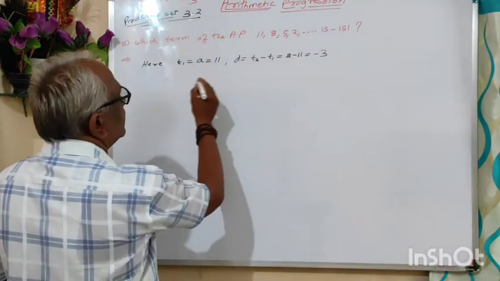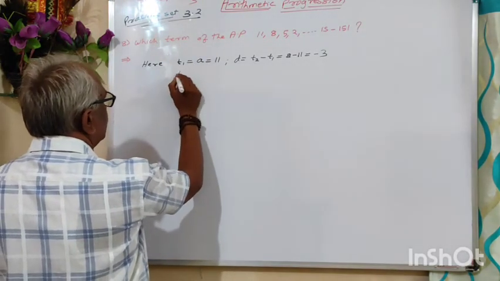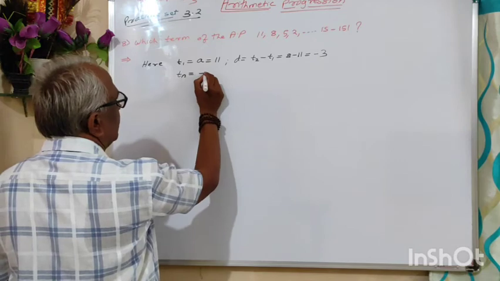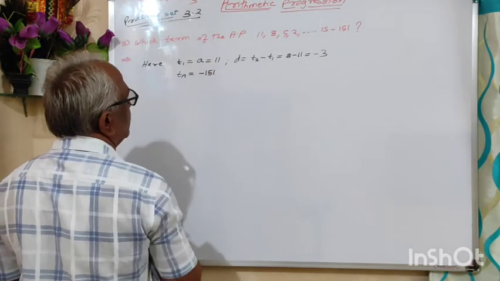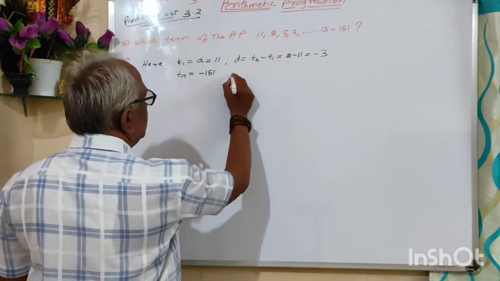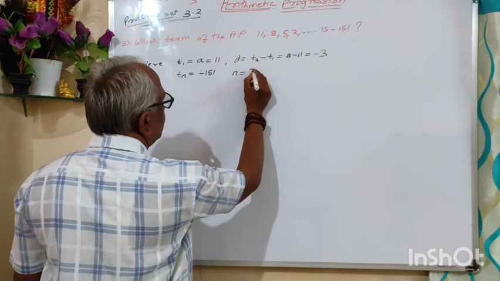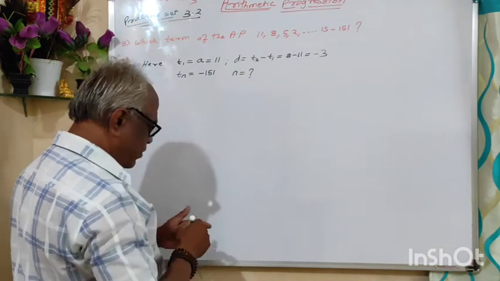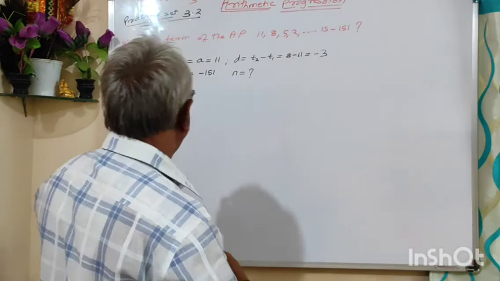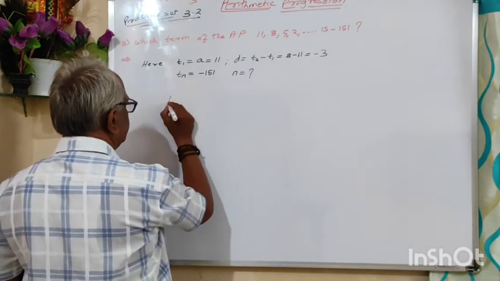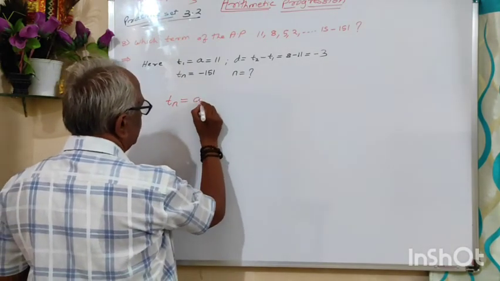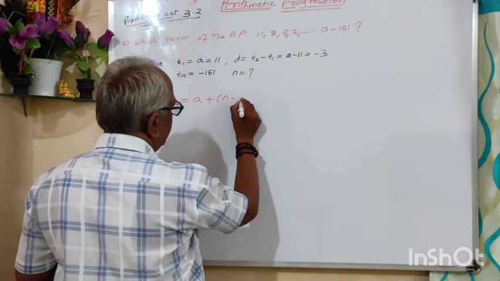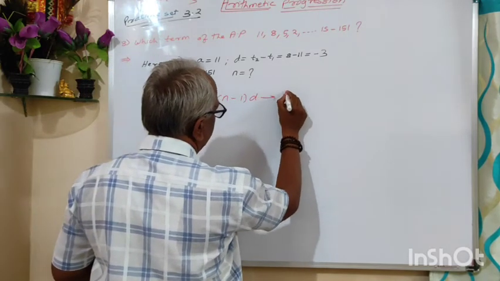Then Tn is equal to minus 151, it is given. Now here you are finding what n is equal to. We know the formula, that is Tn is equal to A plus in bracket n minus 1 into D. This is our formula.